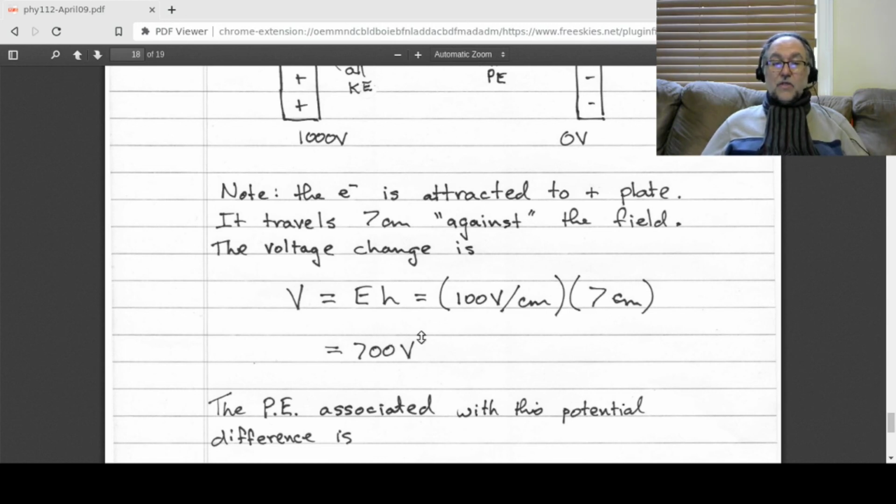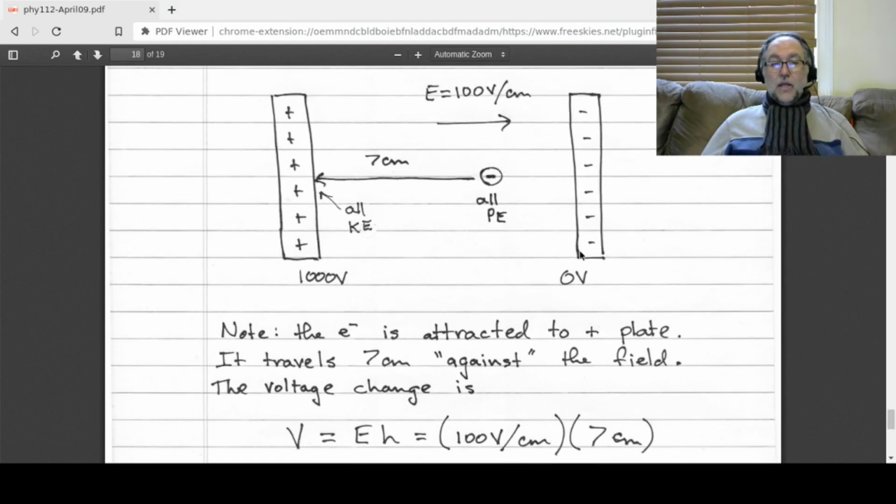So the potential difference that this electron is going to experience is 700 volts. Okay, so I know that this is 0 there, and it's 1,000 there, but over here you could think of that as being like 3 centimeters from there. So this is like at 300. So I could have drawn here 300 volts, and it's going to go from 300 volts to the 1,000 volts. That's a difference of 700 volts.